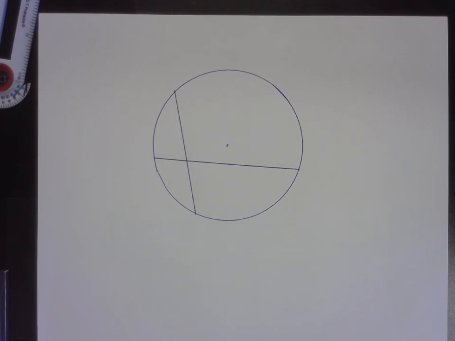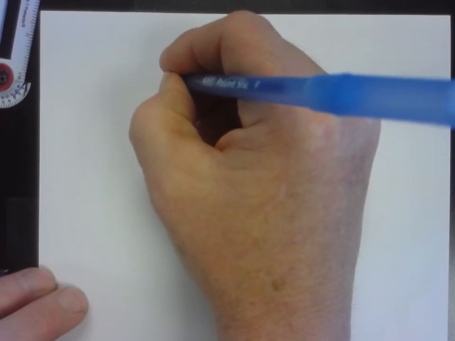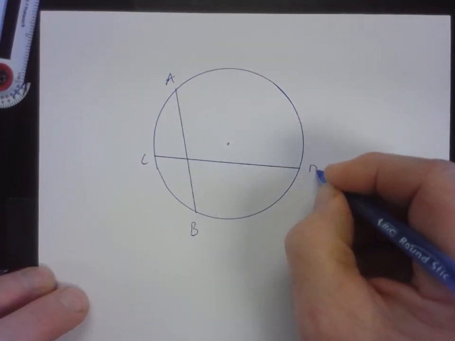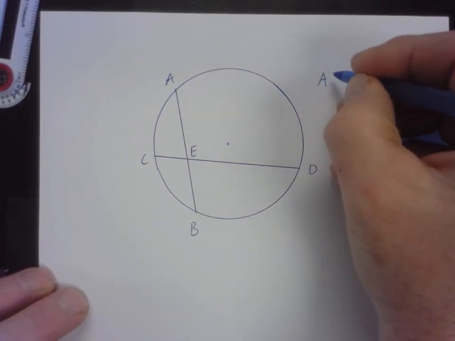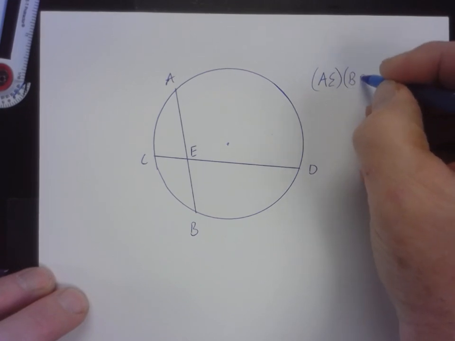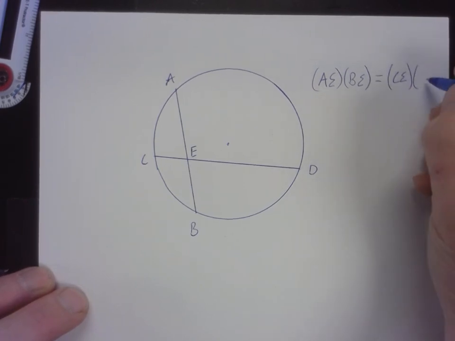That's called the segments of chords theorem. Let me go through this. A, B, C, D, point E. The measure of AE multiplied by the measure of BE is equal to the measure of CE times the measure of DE.